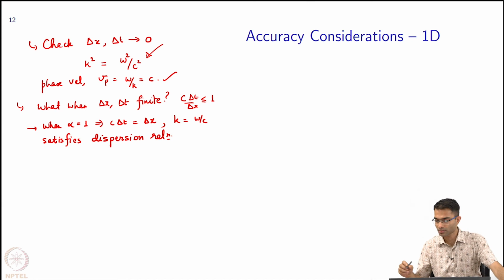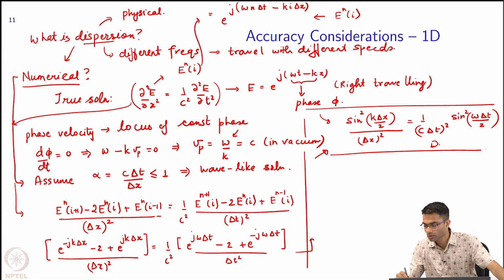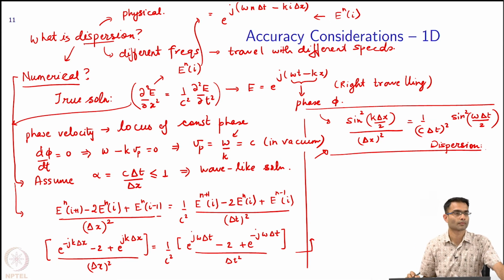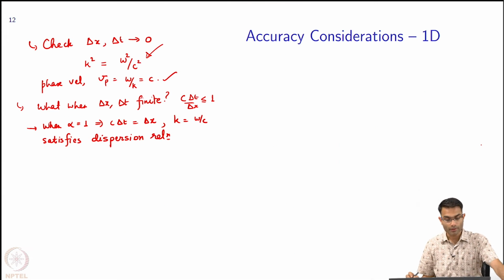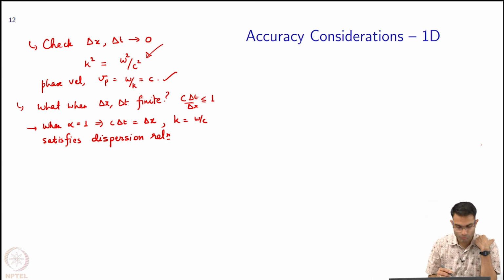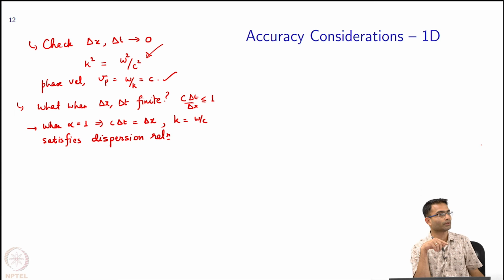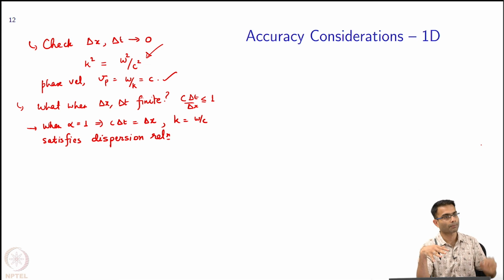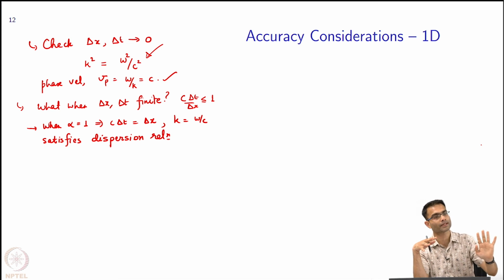That is the dispersion relation, and interestingly, it does not depend on the value of delta x or delta t. You would not have expected that to happen. So, what is it saying? That for alpha equal to 1, whatever discretization you choose, my wave is travelling at the speed that I expect it to travel.